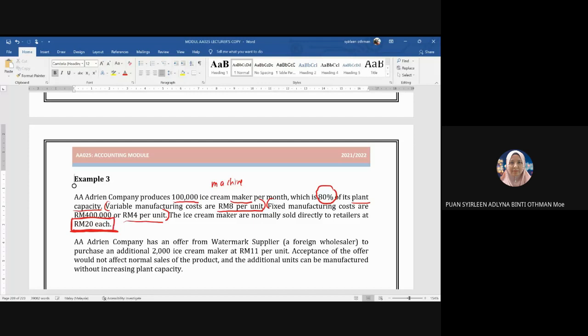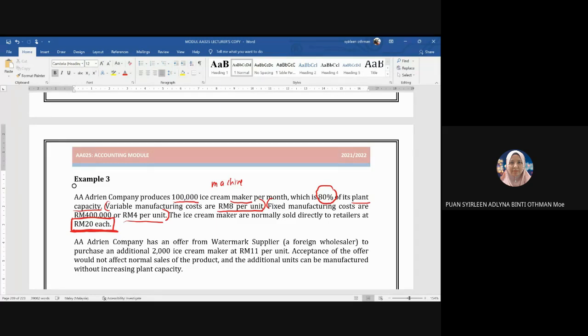Okay, so maksudnya you ialah AA Adrian, you buat ice cream maker setiap bulan. Jumlah yang kita keluarkan setiap bulan ialah 100,000 unit. Tapi 100,000 unit tu belum full lagi sebab baru setakat 80% from your production capacity. Okay, and the cost that you need to bear, dia bagi satu variable dan satu fix. Your variable is RM8, your fix is RM4, sorry.